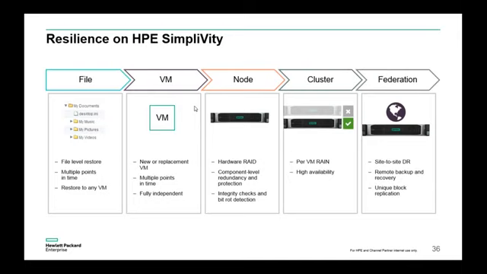Let's assume that you have 3 or 4 sites: one main data center site and 3 remote sites, and it's a VDI deployment for each of the sites, so for the main as well as for the 3 remote sites.